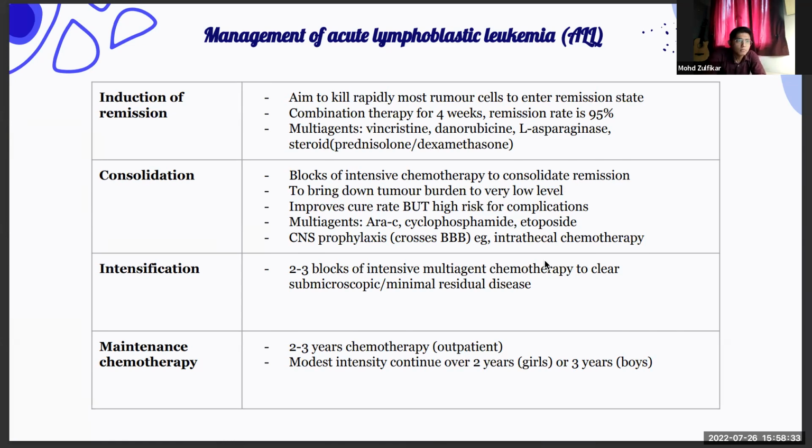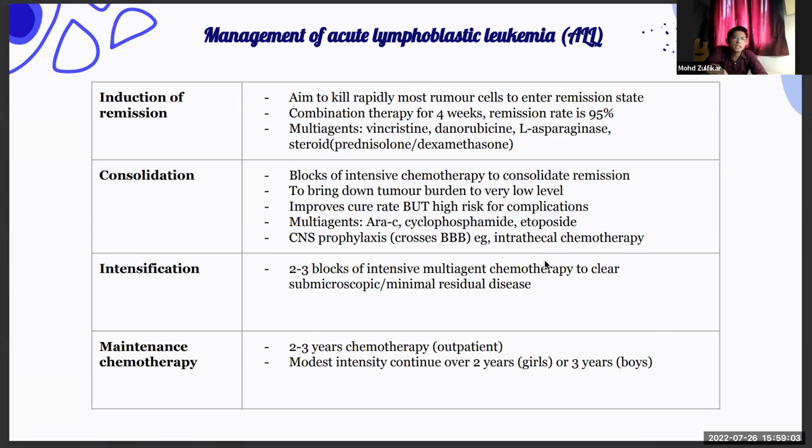So it has a block of intensive chemotherapy to consolidate the remission and to bring down the tumor burden to a very low level, and it also improves the cure rate but has a high risk of complication. So the multi-agents involved are cytarabine, cyclophosphamide, etoposide, and the CNS prophylaxis, which is across the blood-brain barrier.